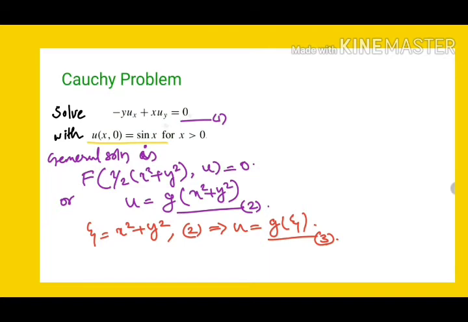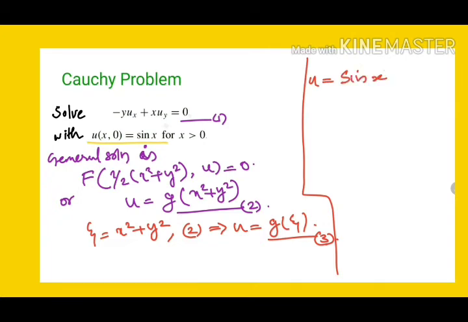From the initial condition u of x, 0 equal to sin x, what will be the parametric curve? When y is equal to 0, u is equal to sin x.